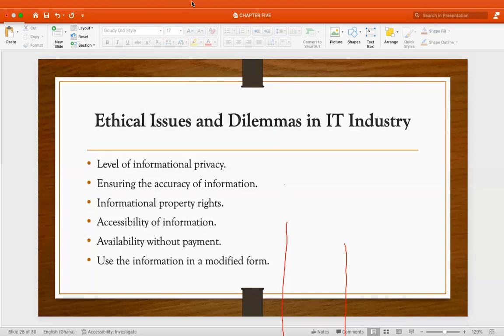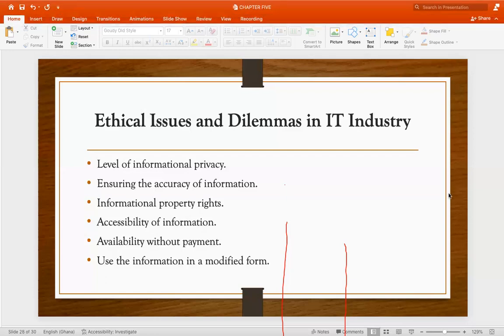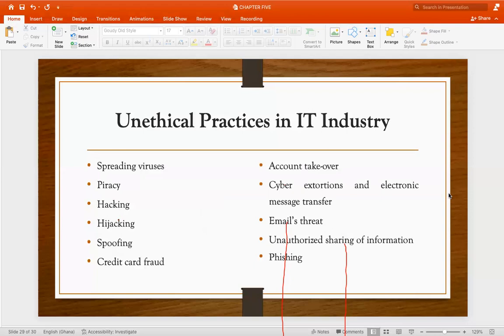So now the unethical practices in the IT industry that usually tend to hamper the ethical issues and the dilemmas that we always envisage include some of the following: spread of virus, because now you have tried to be open and you want people, now virus coming.